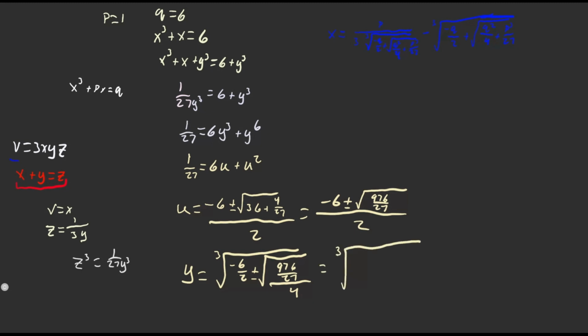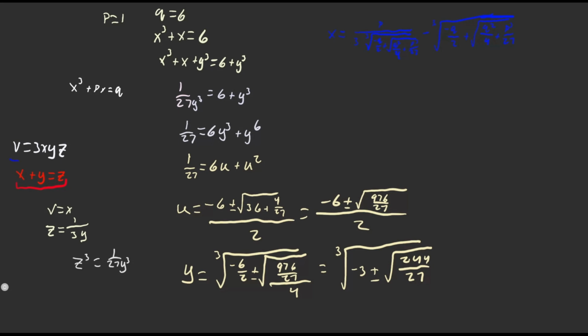So let's go ahead and simplify. Plus or minus the square root of 244 divided by 27. And let's see if there's a factor of 3, where if we divide it by 3, we'll get 81 point, yeah, there's no factor of 3, so we can't simplify the cube root anymore.